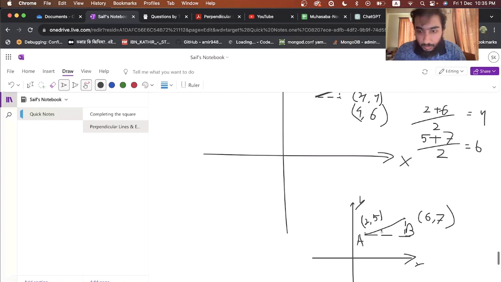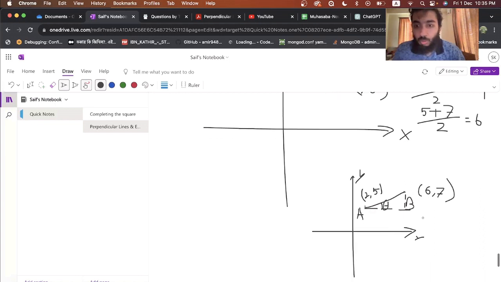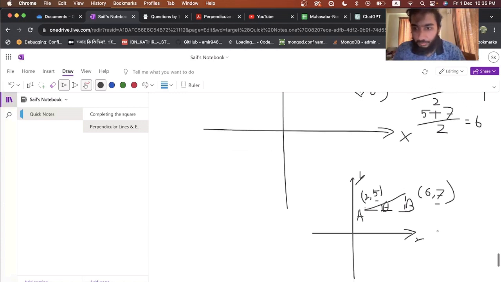So the slope is, if I denote the angle by theta, the difference of y coordinates, 7 minus 5, divided by the difference of x coordinates, 6 minus 2.